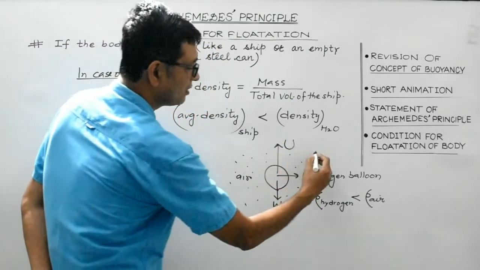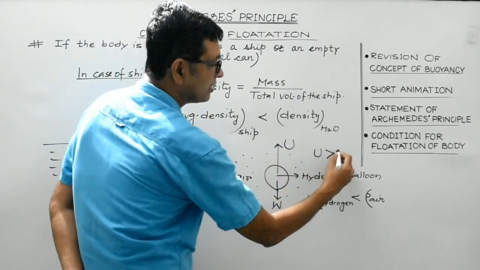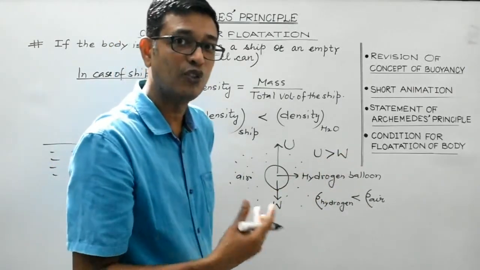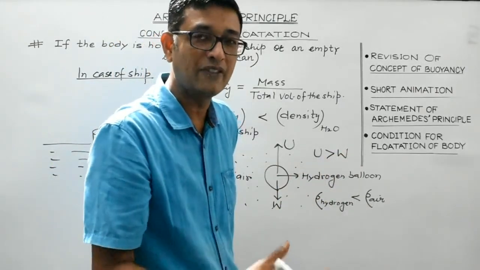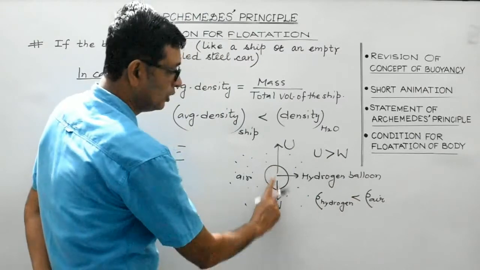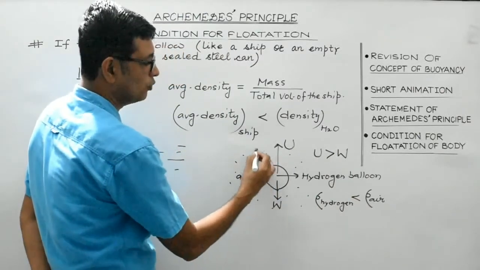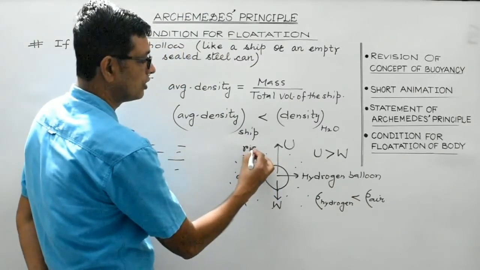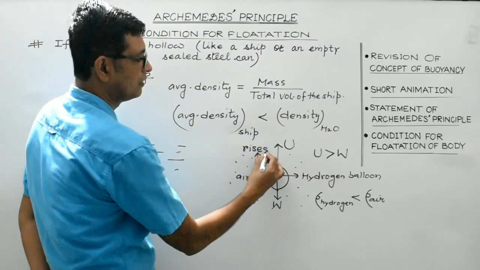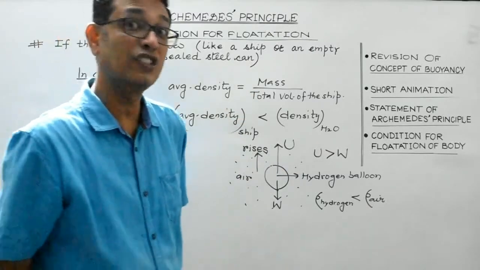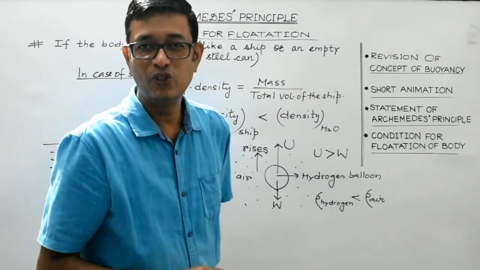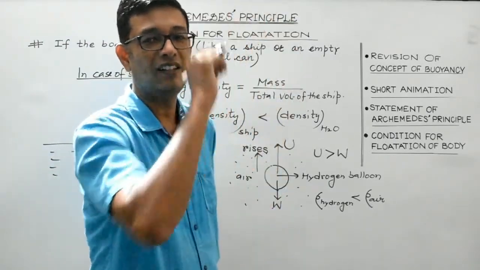So, in this case, U being greater than W, that is the buoyant force being greater than the force of gravity or the weight, the balloon rises upwards. It tends to rise. Clear, students? So this is the reason why hydrogen balloon tends to rise upwards.